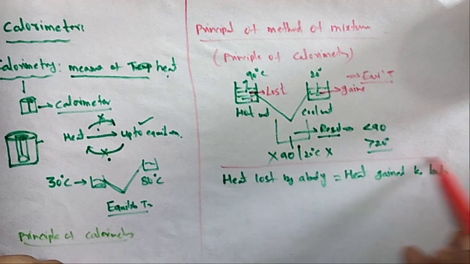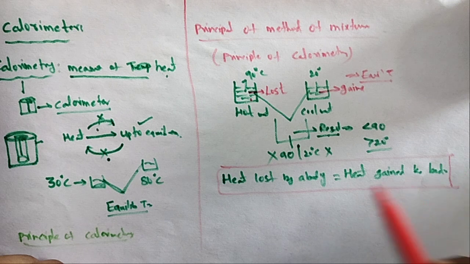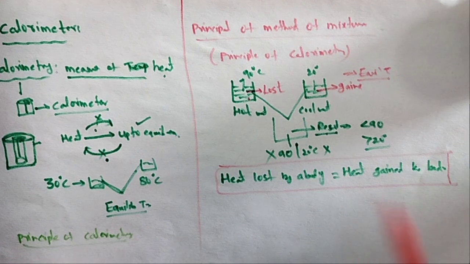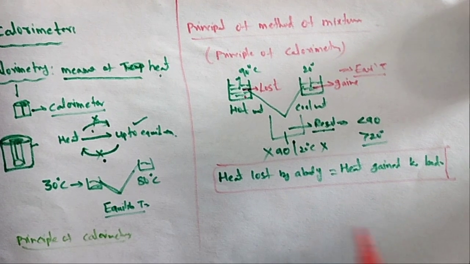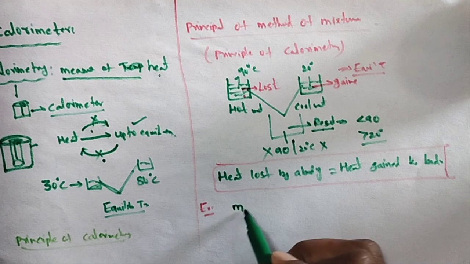So this is the important point: heat lost by the hot body is equal to heat gained by the cold body. Here I am taking some explanation. Consider the hot body of mass m.